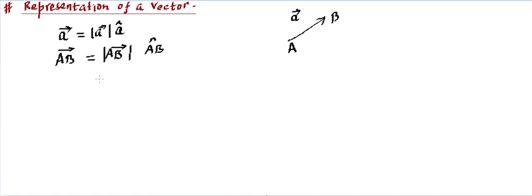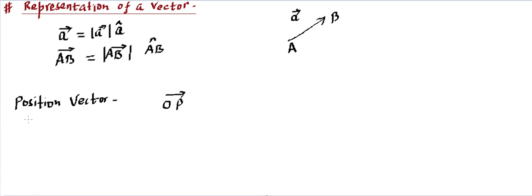Then we have talked about a position vector. So what is a position vector? A position vector is a vector that starts from the origin. If we place the tail of the vector at the origin, that is known as a position vector, and that point O becomes the beginning point. If there is a point P on which the head joins, then OP vector will be known as a position vector.